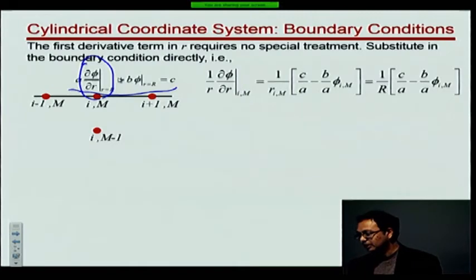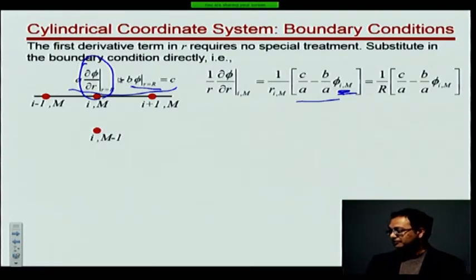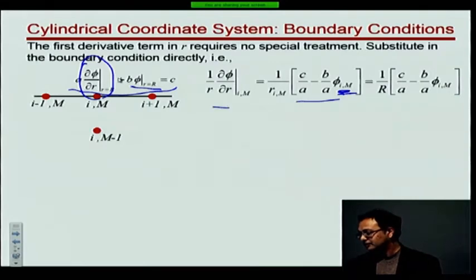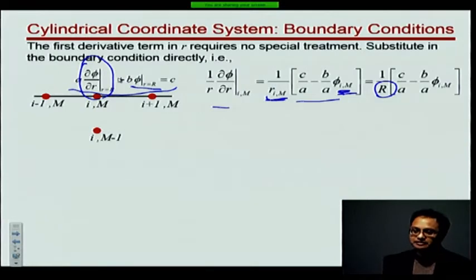Phi at r equal to capital R is nothing but phi at i comma m, which is one of your unknowns. That's the node for which you're trying to set up an equation. Okay, so therefore it is okay to have the nodal value in there in your expression. All right, so that's my first derivative, and this R at m is nothing but your capital R, the outer radius. Everybody follow that?